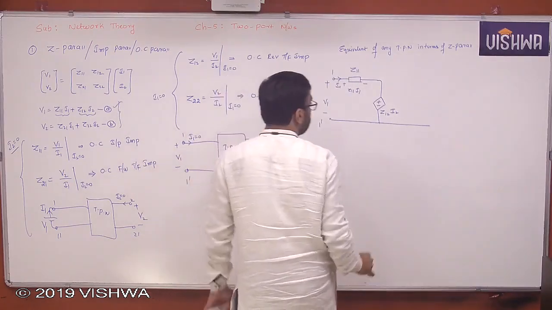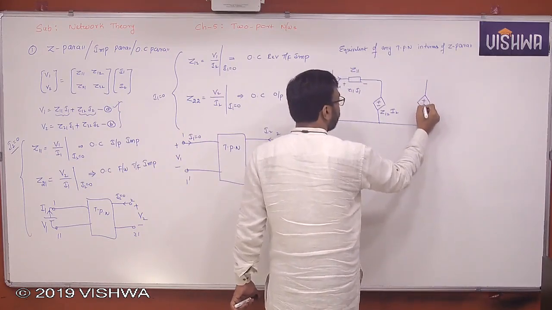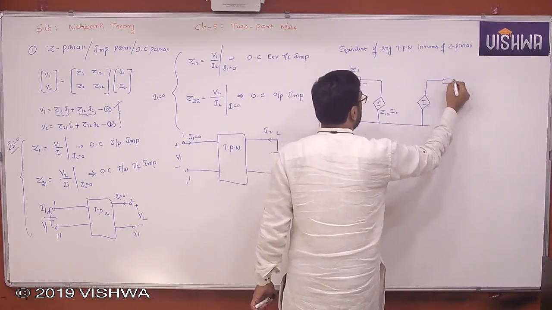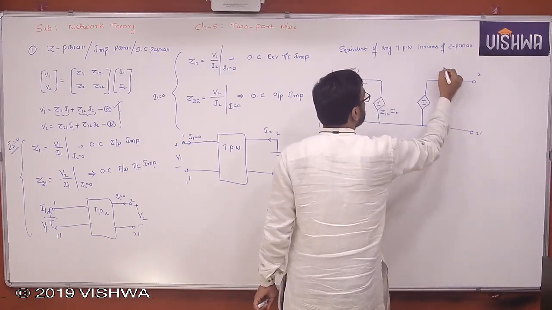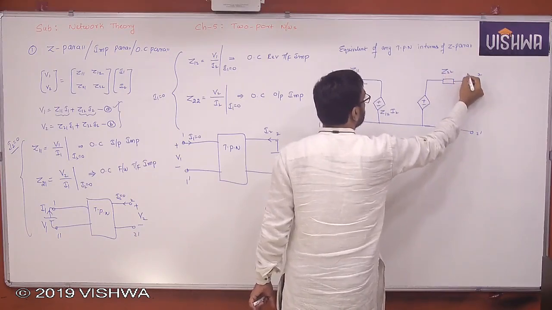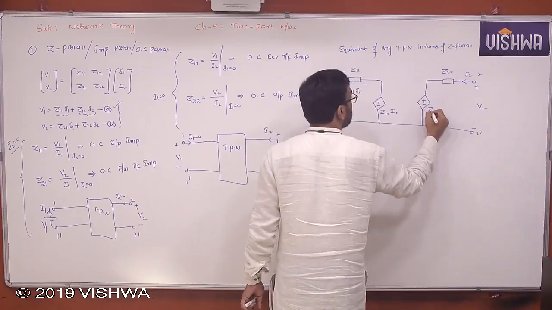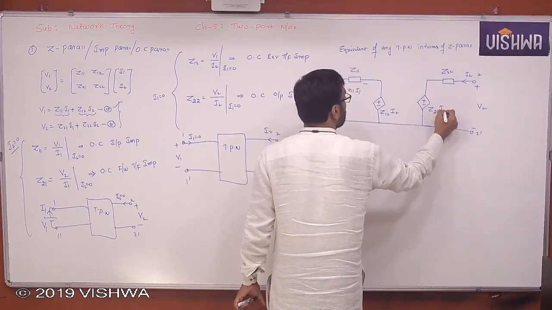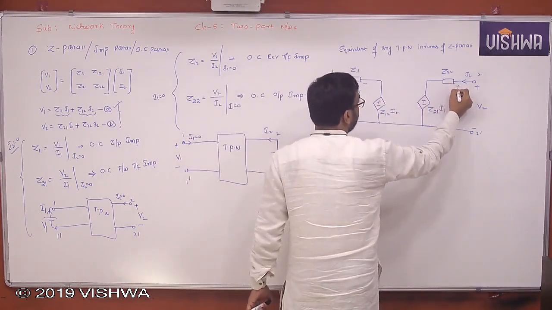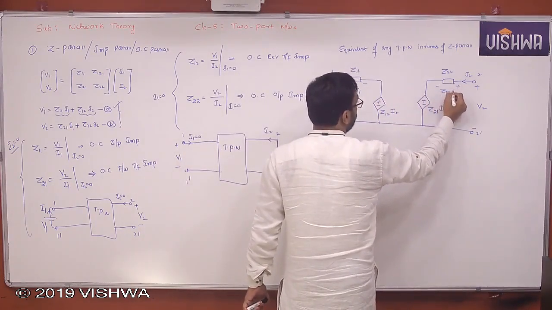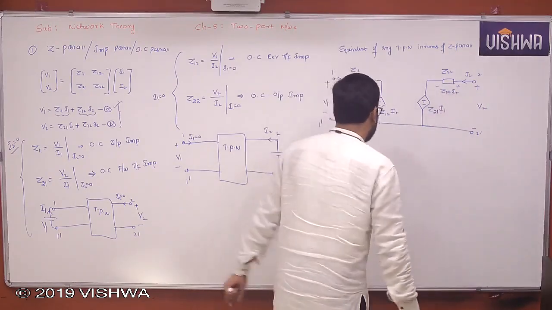Second equation, in the similar way, if I connect again the same way a series combination on the second port side, 2 and 2 dash, Z22, this is I2, plus minus V2, Z21 I1. I hope you understand now. Same way, like you have plus minus Z22 I2. So you see now V2 is equal to Z22 I2 plus Z21 I1, addition of these two.